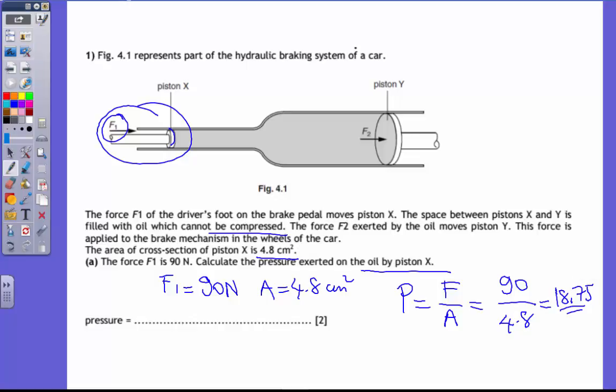This is the answer, but we should write the unit of the pressure. The unit of force is Newton in this question, and the unit of area given in the question is centimeter square. So the unit is 18.75 Newton per centimeter square.